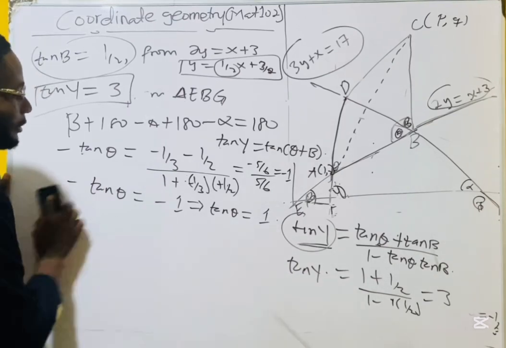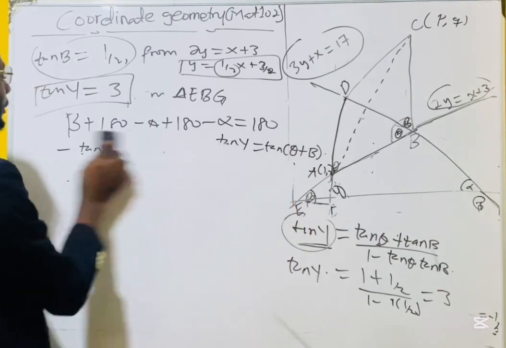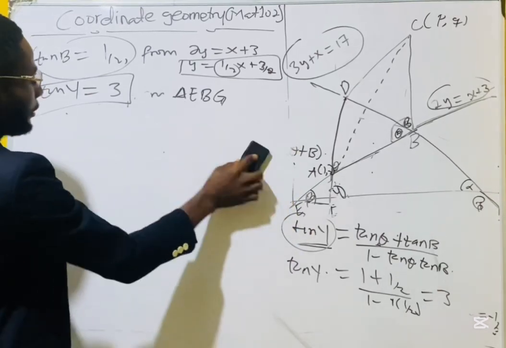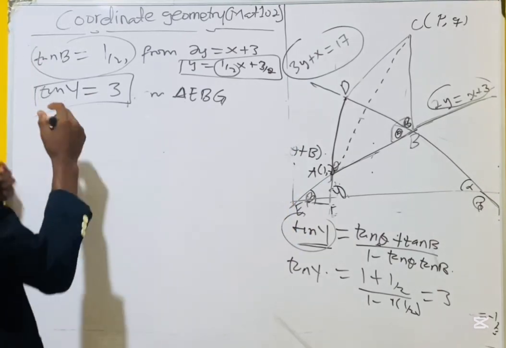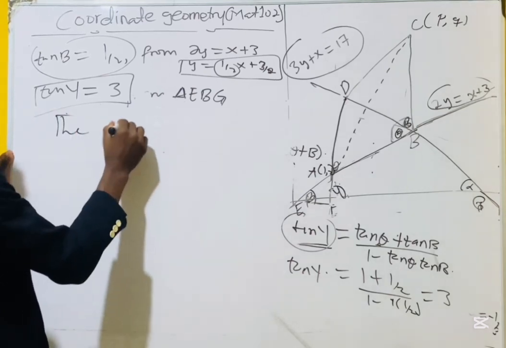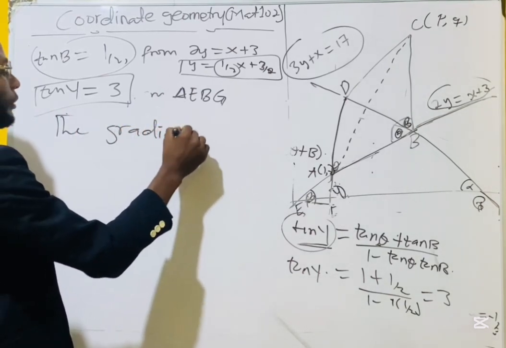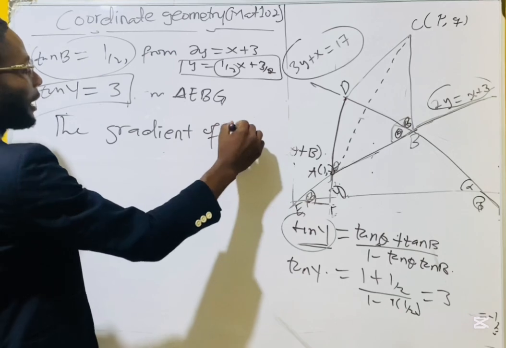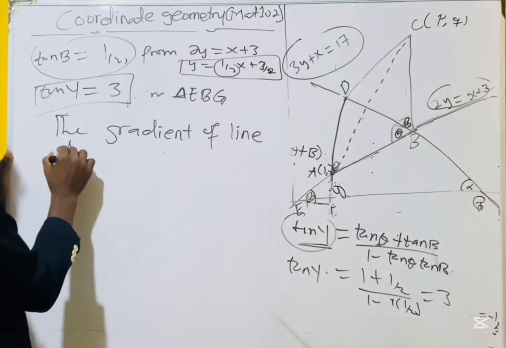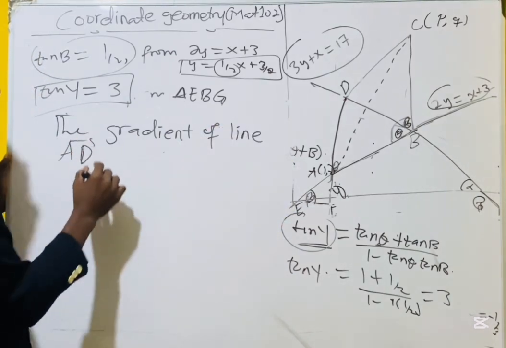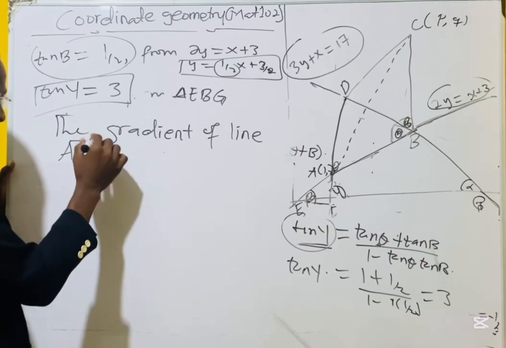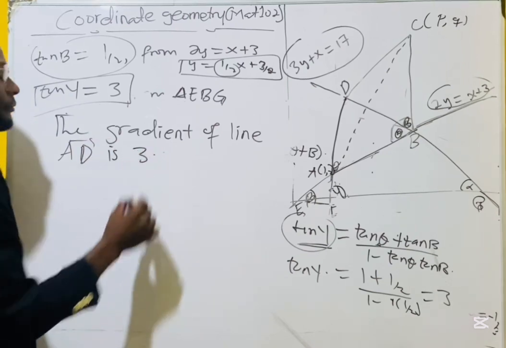So we can say that the gradient of line AD is 3.